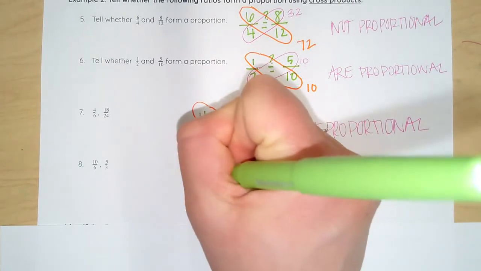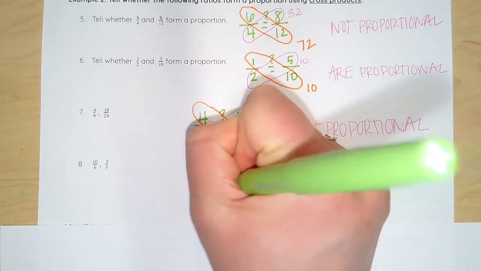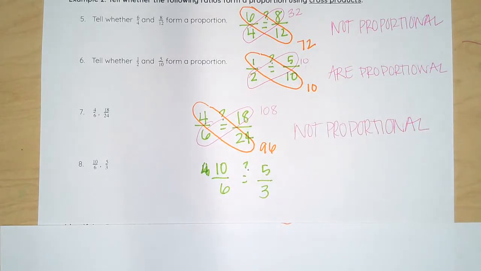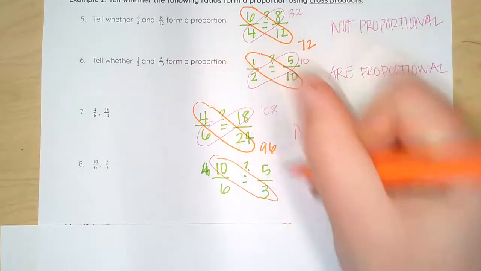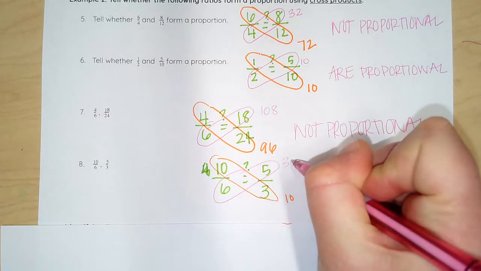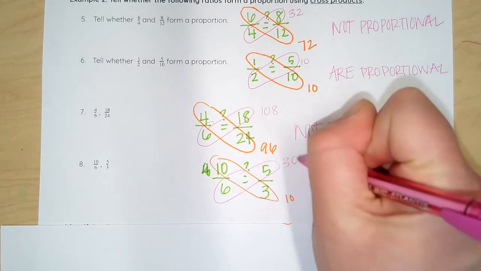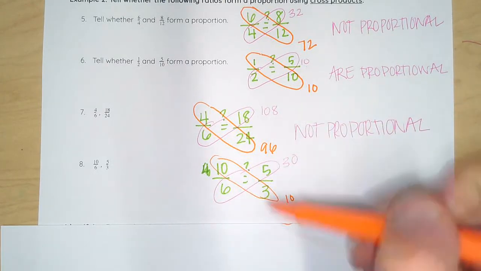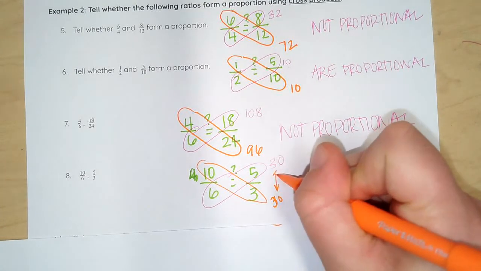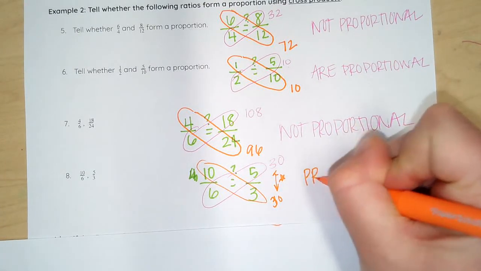Well, we've got 10 to 6 and 5 to 3. I know that 10 times 3 is... 6 times 5 is, I am so sorry. 6 times 5 is 30, and 10 times 3 is also 30. Because they are the same, they are proportional.